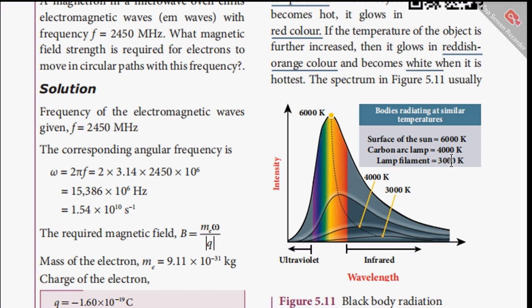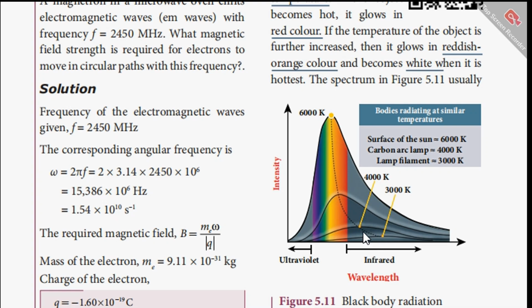A carbon arc lamp has about 4000 Kelvin, and a lamp filament about 3000 Kelvin. So the temperature of the surface of the sun is maximum here, then 4000 Kelvin, the temperature of the carbon arc lamp, and this is the temperature of the lamp filament, about 3000 Kelvin.